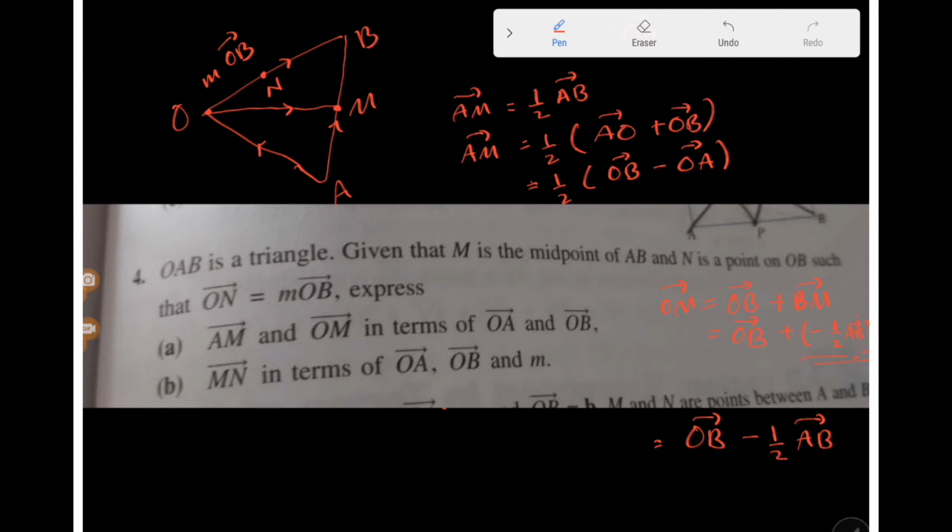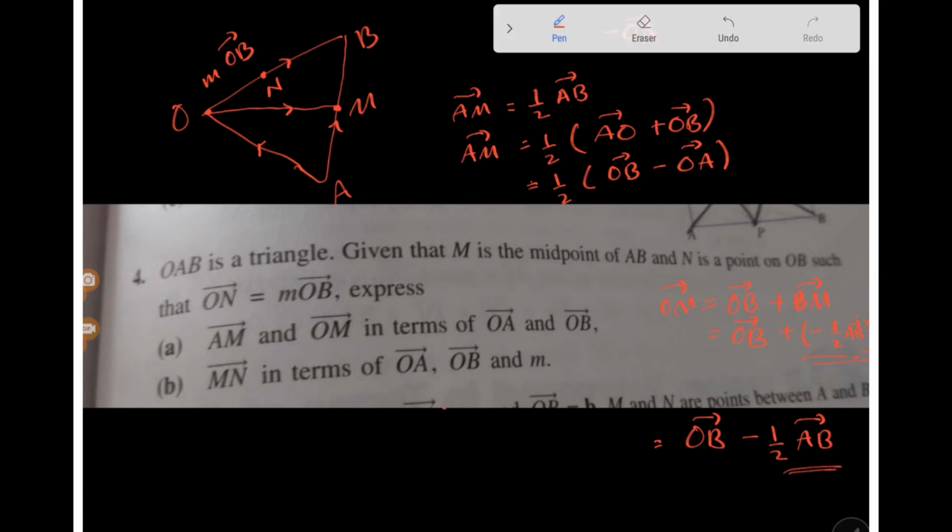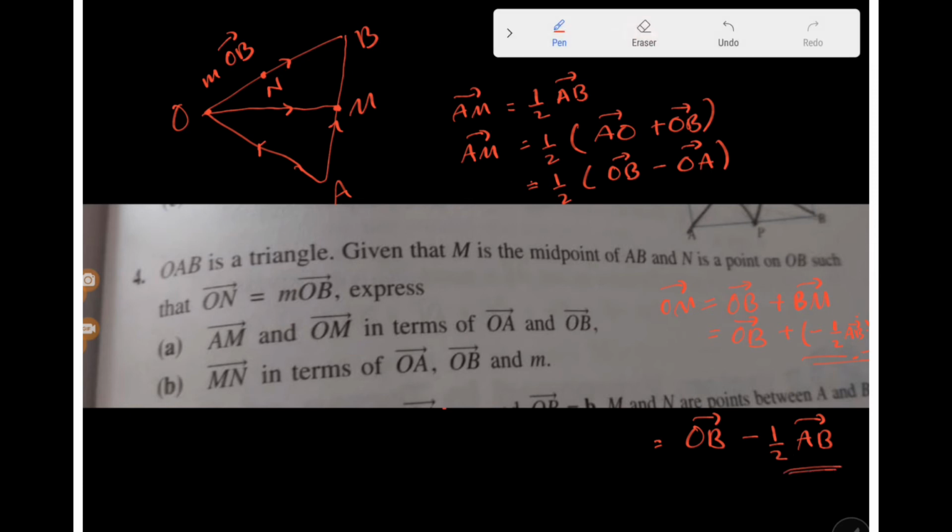We don't have OA yet, so we have to change this into the form of OA and OB. Now let's find out AB.